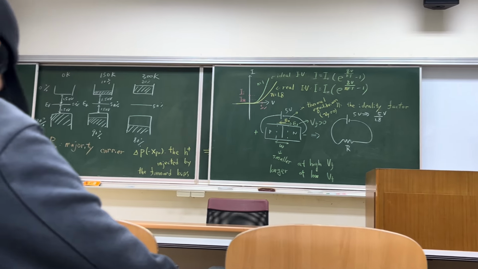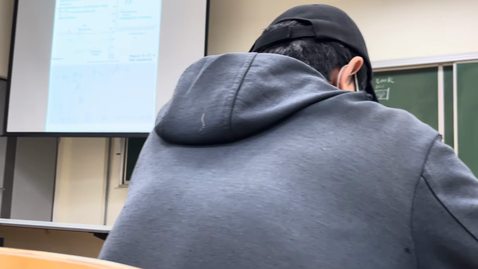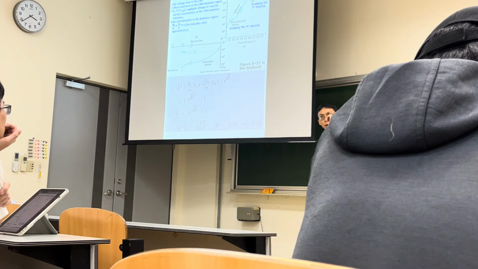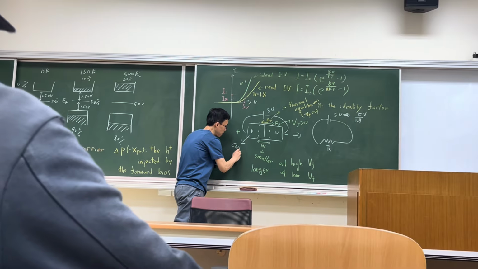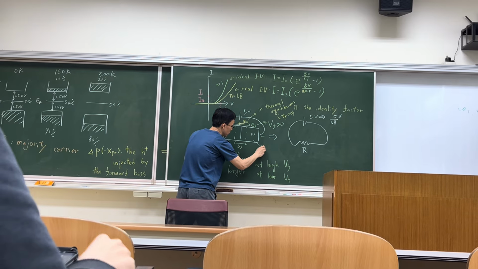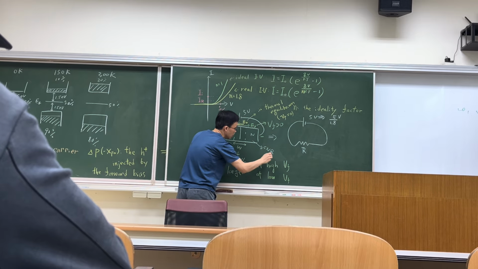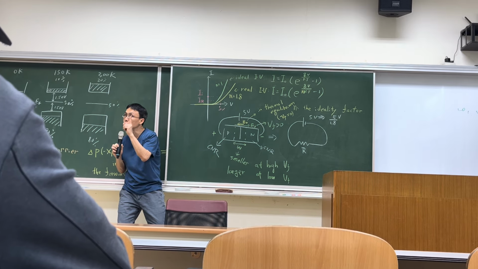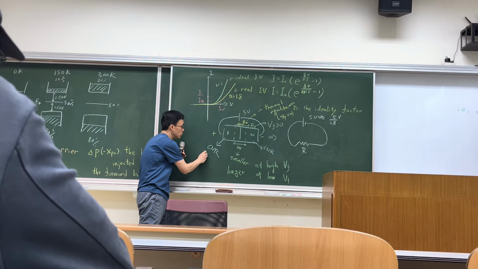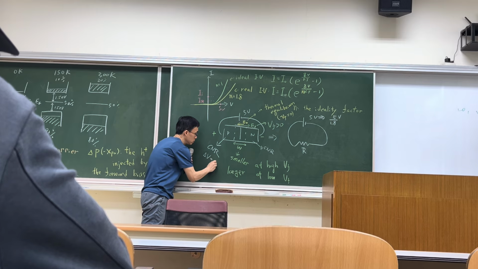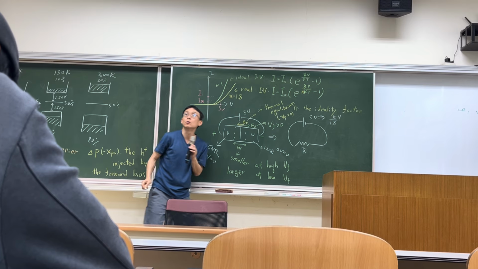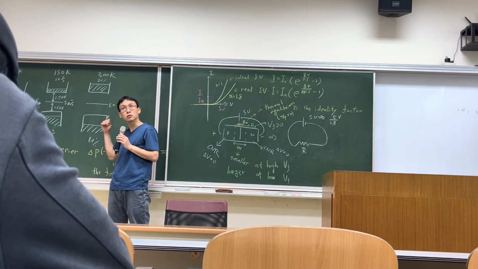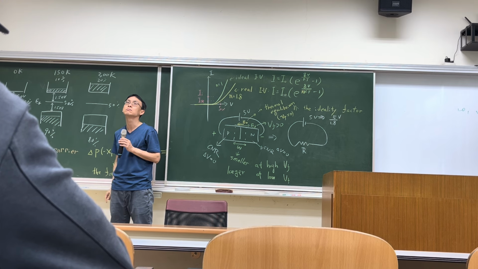The first assumption tells you there is zero voltage drop in the neutral region. That's the neutral region. So the first assumption says no voltage drop, which is not true at high bias.